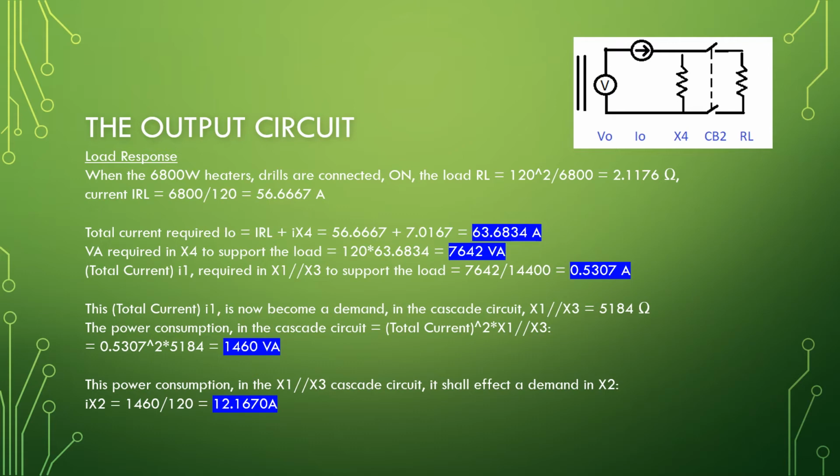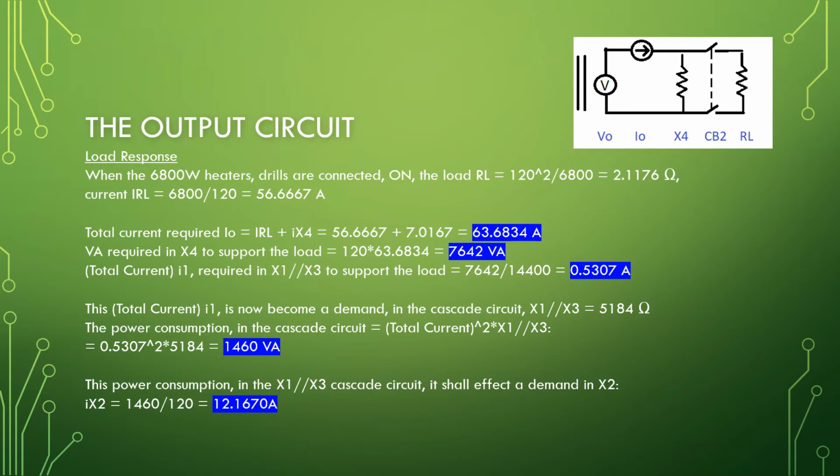Total current I1 required in X1 parallel X3 to support the load equal to 7,642 divided by 14,400 equal to 0.5307 ampere. This total current I1 is now become a demand in the cascade circuit X1 parallel X3 equal to 5,184 ohm.